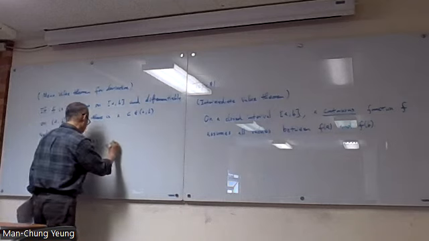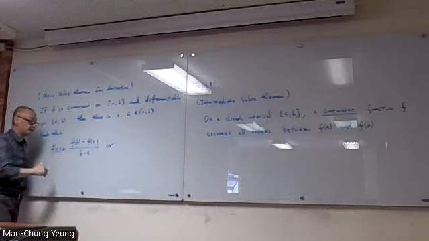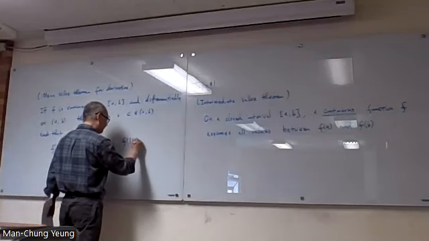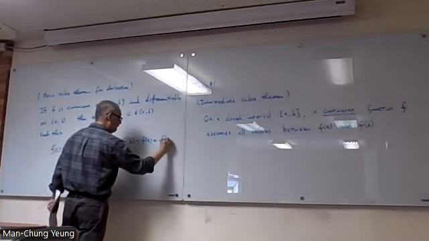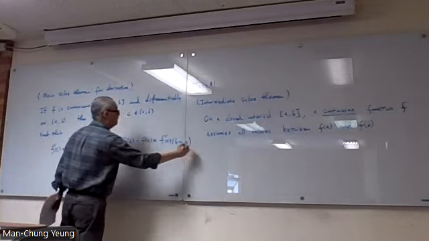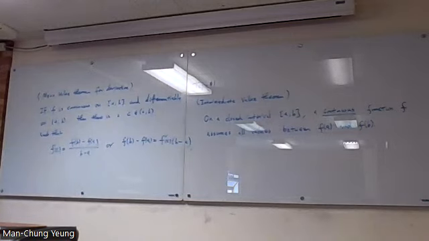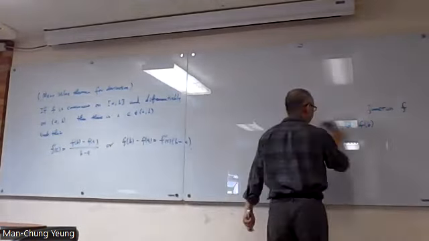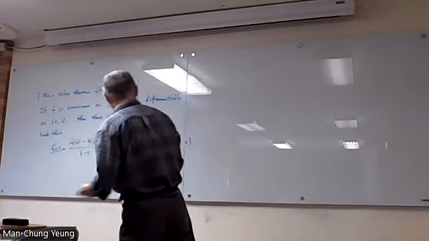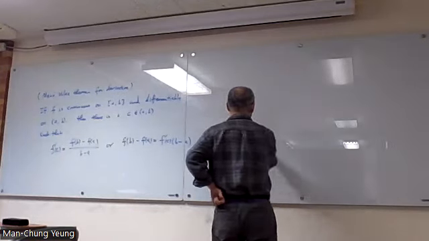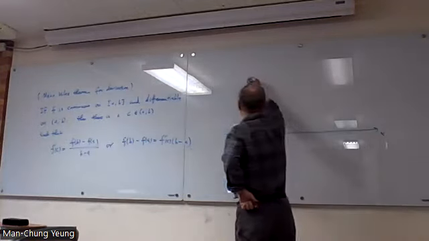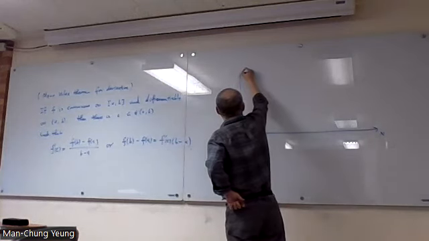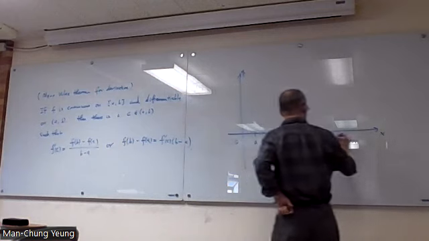Or move B minus A to the left side. Draw a diagram, it's easy to understand. The AB interval.